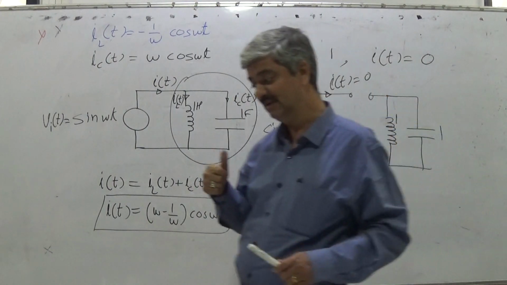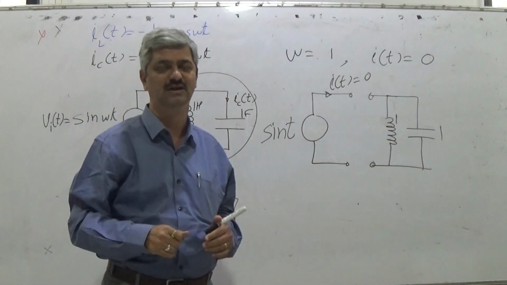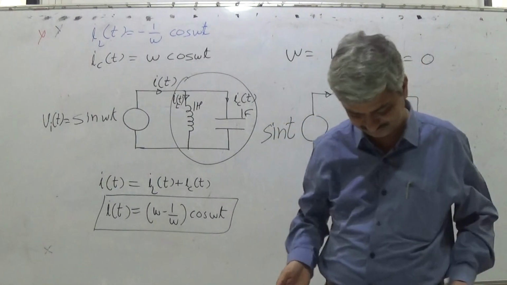I am applying voltage but there is no current. What does it mean? It is an infinite impedance. It is an open circuit.